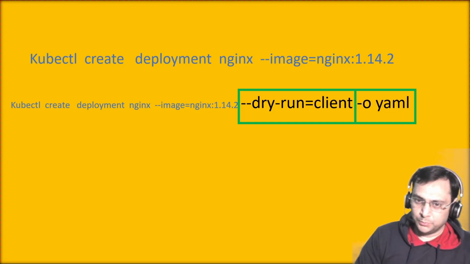When we use this option --dry-run=client, kubectl will execute the command but not create the object. This option is only for testing purposes. And -o yaml option is to print the output. -o equals output, and yaml is for YAML format. We will do this in our lab.